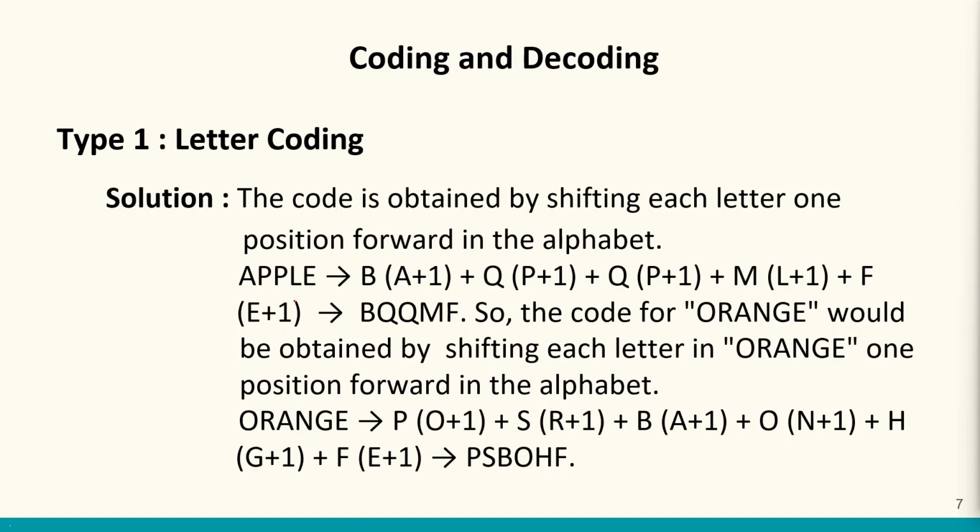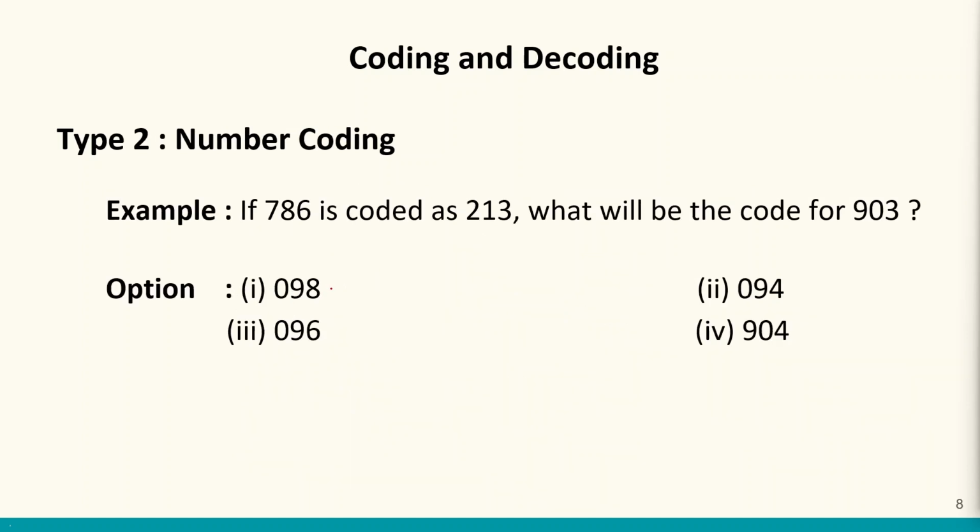Here is the solution. Then we have number coding. In number coding, these numbers are coded as these numbers. So 7, 8, 6 is coded as 2, 1, 3. Now I can see these numbers are very much smaller than these numbers, so maybe something is being subtracted. If we subtract 5 from 7, we'll get 2.